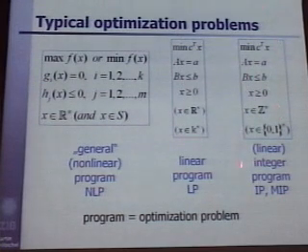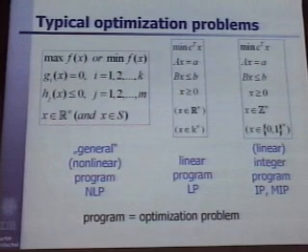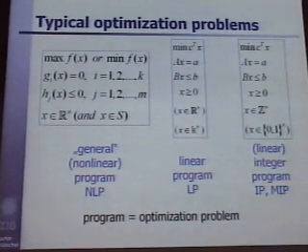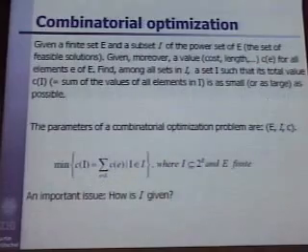So this is the type of problem I am concerned with most of the time. And although I will talk about a very special integer program, I will basically also give you a survey of how you solve these types of linear integer programs or mixed integer programs in general.